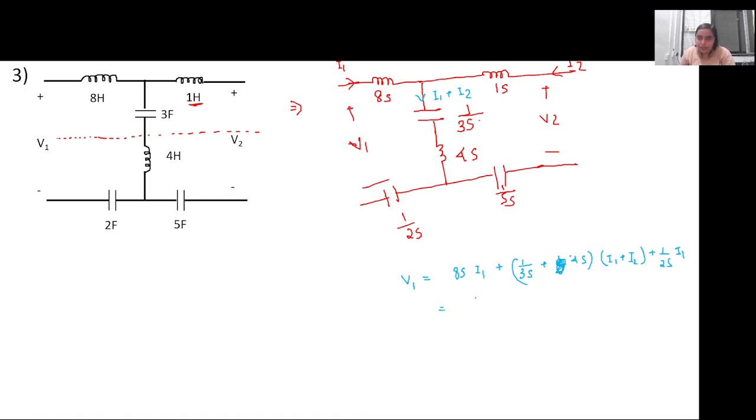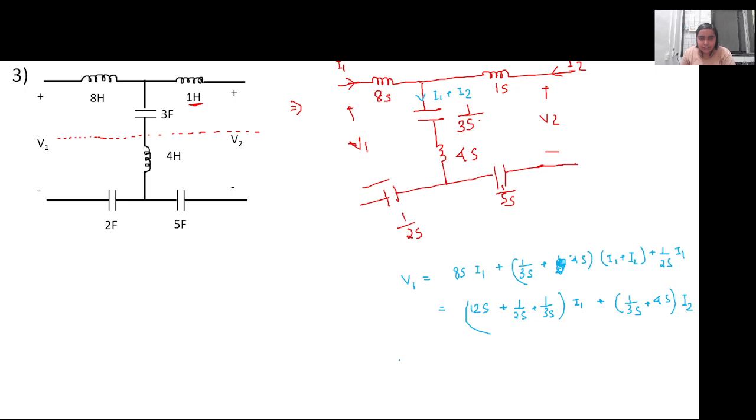If we simplify this, it will be 8 plus 4, 12s plus 1 by 2s plus 1 by 3s times I1 plus 1 by 3s plus 4s times I2.